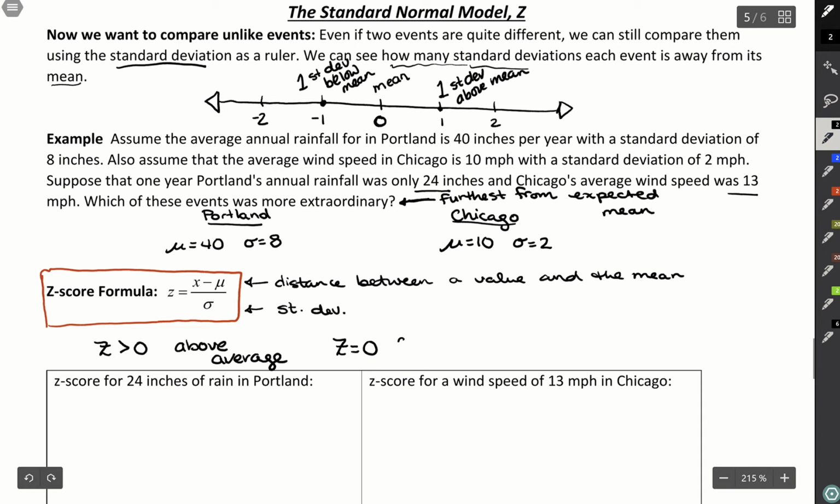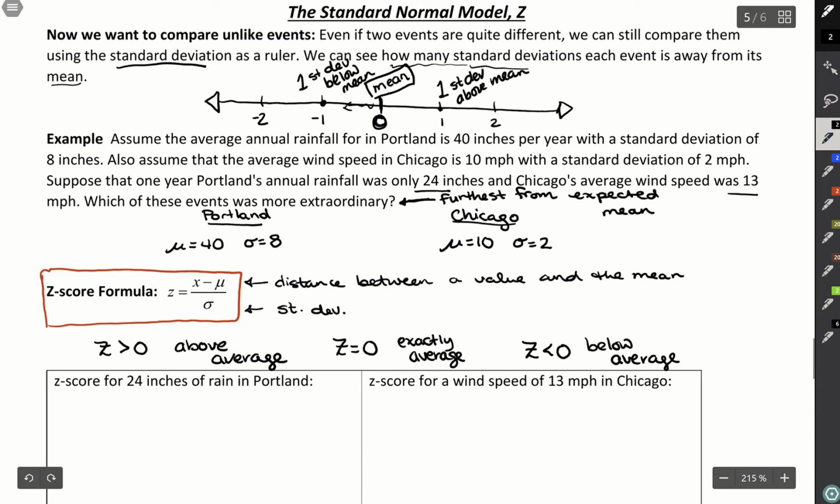So we are exactly average when that happens, which links to the number line I drew above. At 0 is where we're at the mean. Anything to the left-hand side would be below the mean. So if z is negative, that is below average.